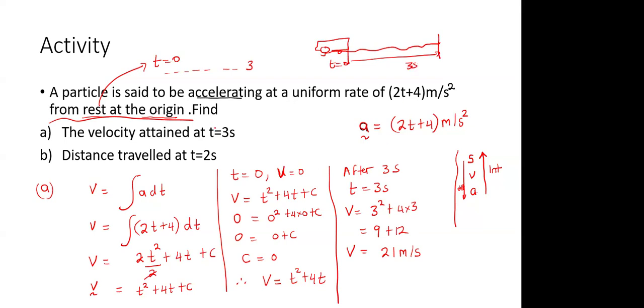So the 3 seconds, we substitute into the velocity after eliminating the C. Otherwise, if you substitute while there is C, you are going to have C as a constant there. Okay, thank you.